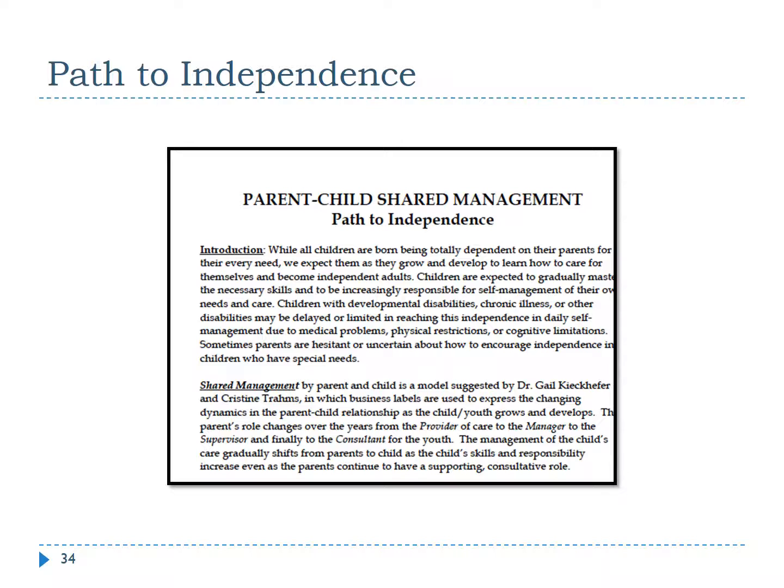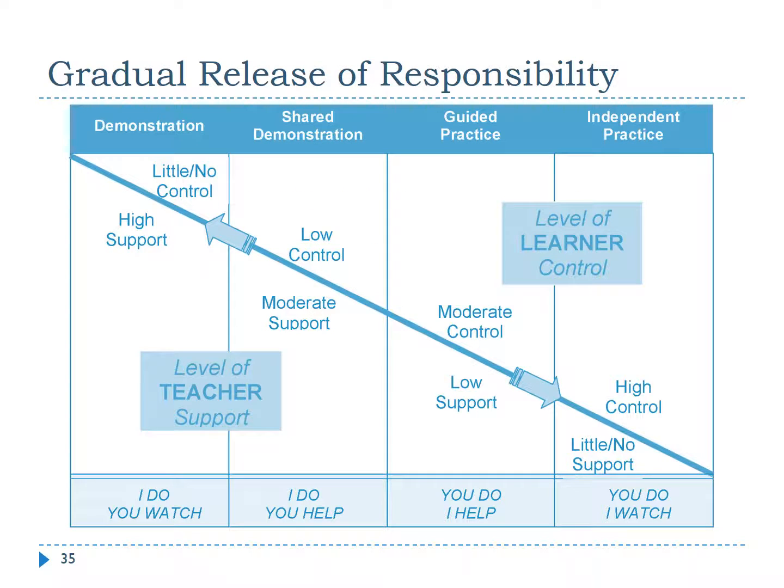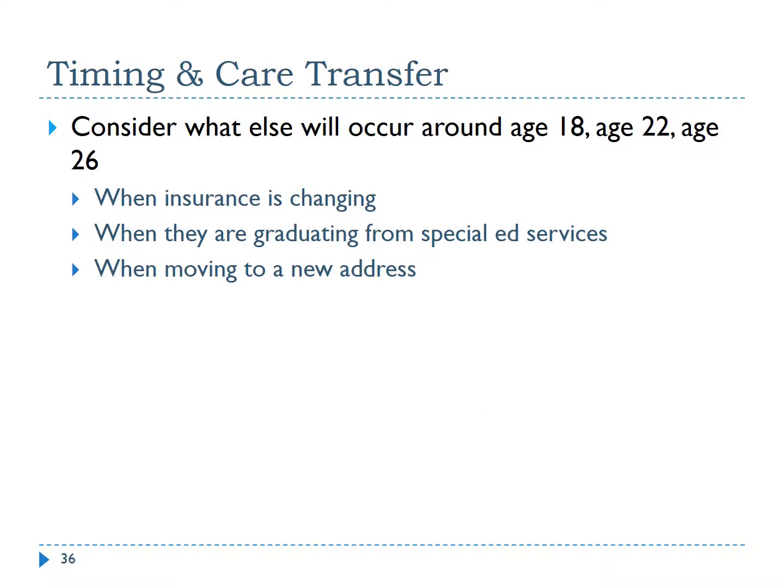The path to independence, first discussed earlier in the course, remains a useful tool throughout this transition stage. Use the care transfer as a marker that the student is ready for independent completion of tasks. The transfer is an opportunity for the student to rise to the top of their abilities. The care transfer to a new doctor should not coincide with other important or difficult changes during late adolescence.